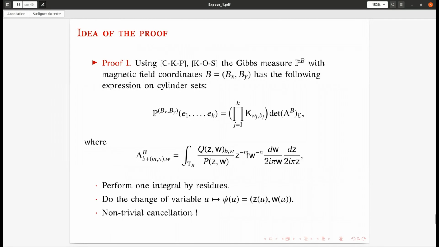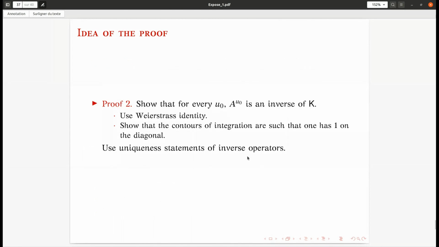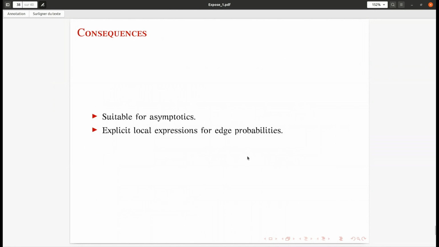I will not tell you about the proof, but maybe just to sum up, once you have such a local formula for Gibbs measures, they are very suitable to do asymptotic expansions, and you can also compute local expressions for edge probabilities. You can really explicitly, doing just residue computations, compute edge probabilities.